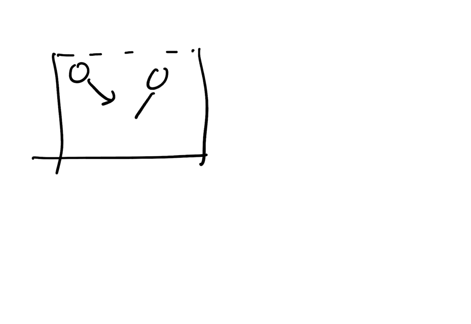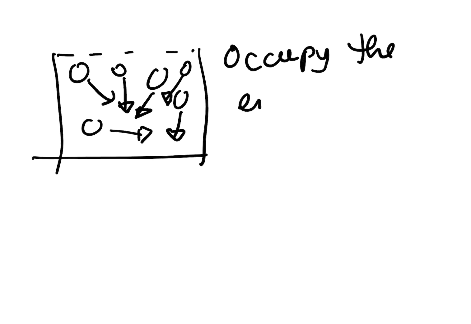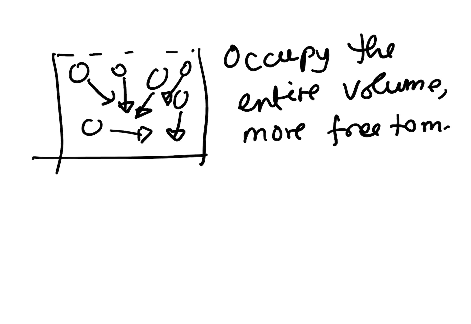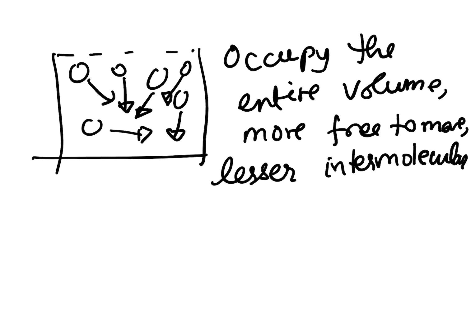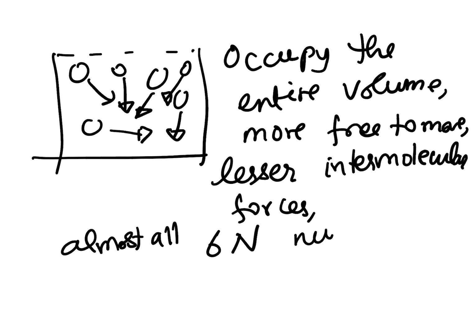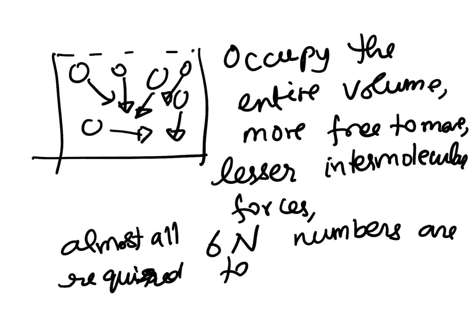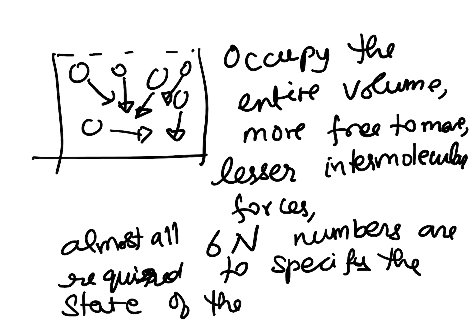If you take this argument to the next step, a gas, in which there is very little force between the molecules, the molecules are more free to move. They can occupy the entire volume of the container, with lesser intermolecular forces, and by this argument you would actually need to know almost all 6n numbers to specify the state of the gas.